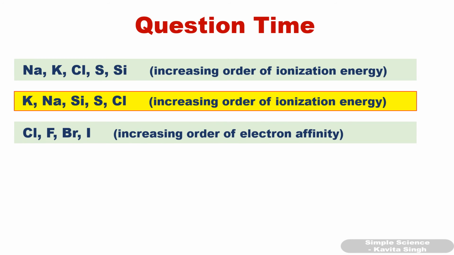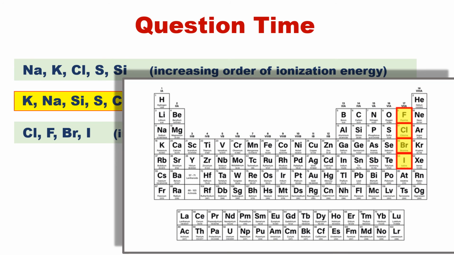Now the second question is, you have to arrange these elements in increasing order of electron affinity. The one which has more electron affinity will be the last one. The one which has less electron affinity will be the first one. All these are group 17 elements, and electron affinity increases as you go from bottom to top.